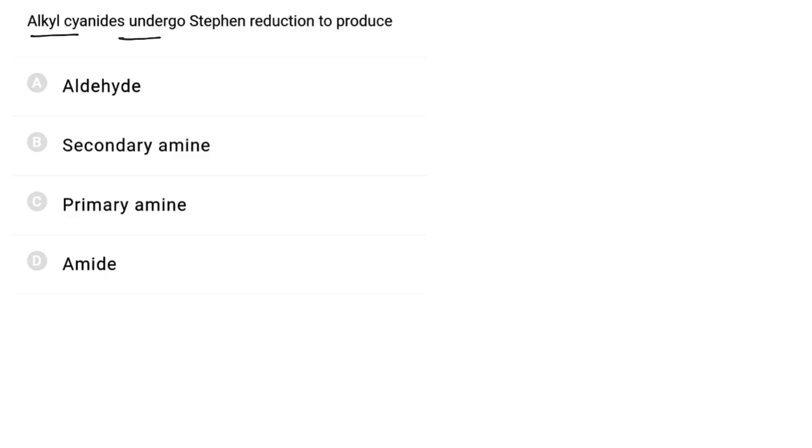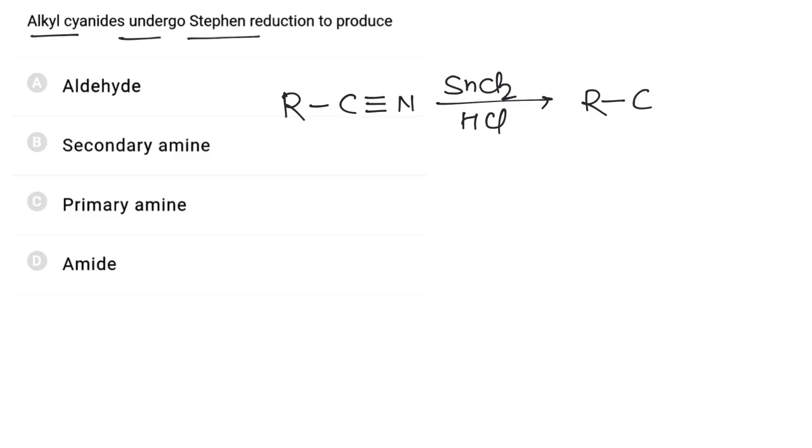Alkyl cyanide undergoes Stephen reduction to produce... Now, if alkyl cyanide is treated with SnCl2 in presence of HCl, it will be converted to imine, RCH=NH.